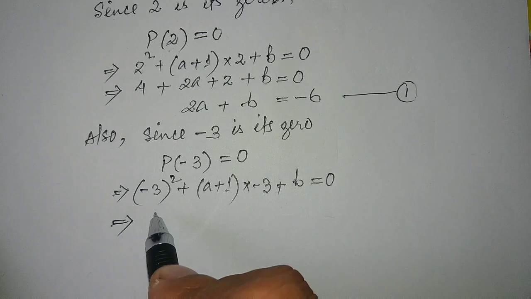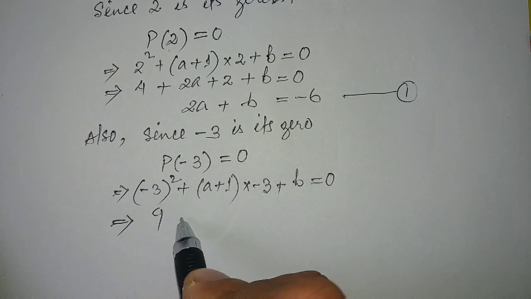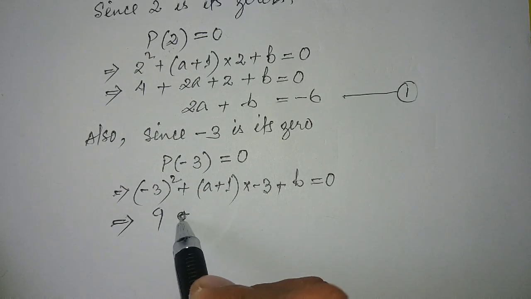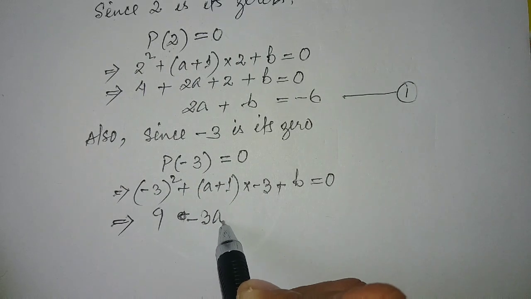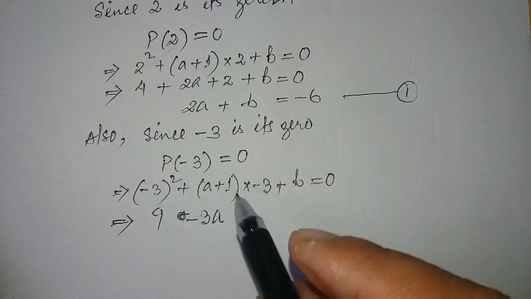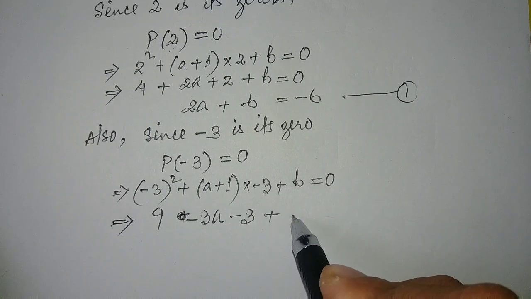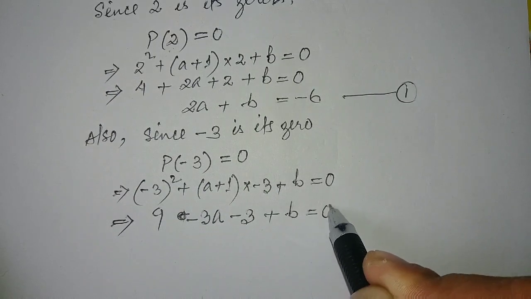Minus 3 square is plus 9, plus, so minus 3 into a we will get here minus 3a, and again minus 3 into 1 we will get here minus 3, plus b equal to 0.